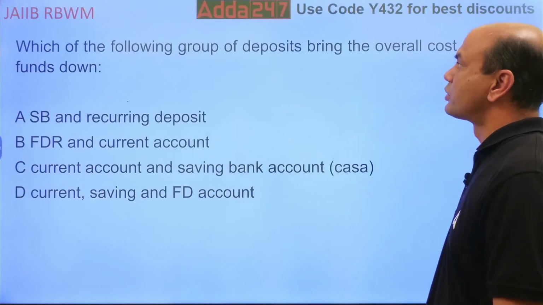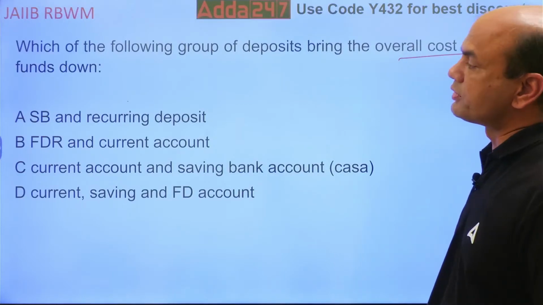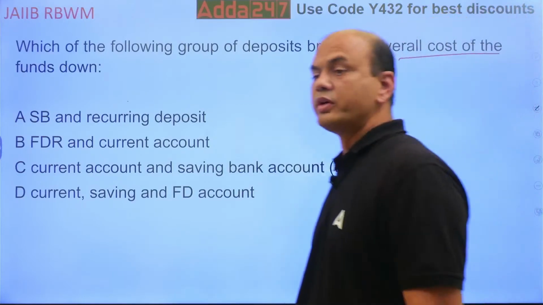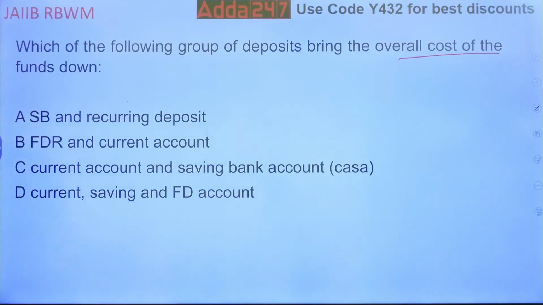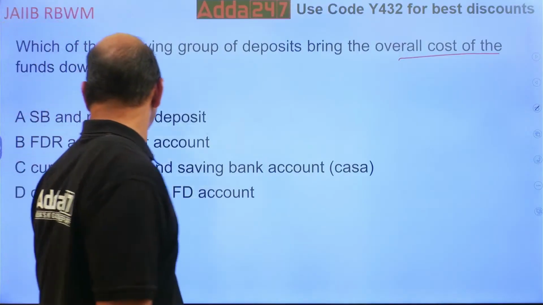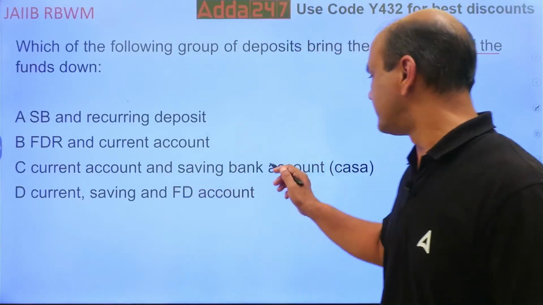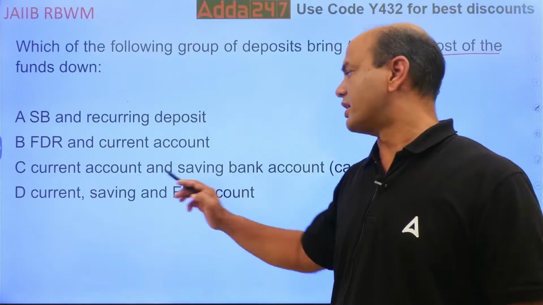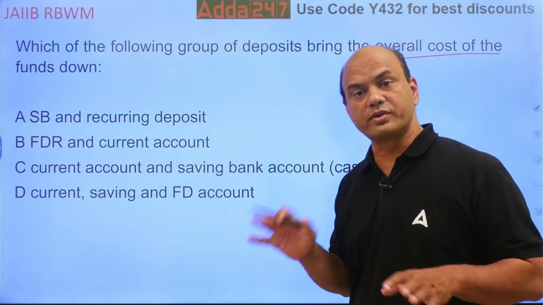Which of the following group of deposits bring the overall cost of the funds down? So who will bring the overall cost of the funds down? Savings and recurring deposit; FDR and current account; and savings account; CASA; current, saving and FD. Who will bring the overall cost of funds down for the branch?